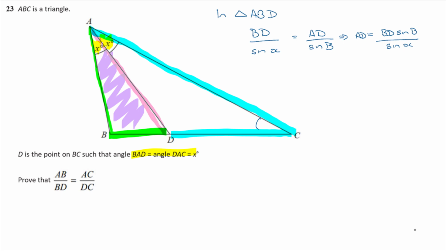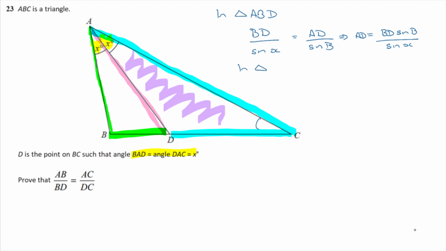Let's look at a different triangle, this side of the triangle. Again, I'm going to use the sine rule, and I'm going to make sure I use AD because that's the one I have in common. So in triangle ADC, what have we got?